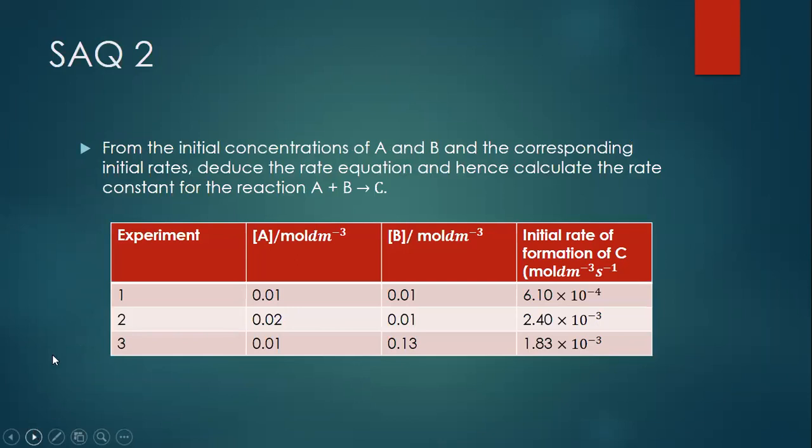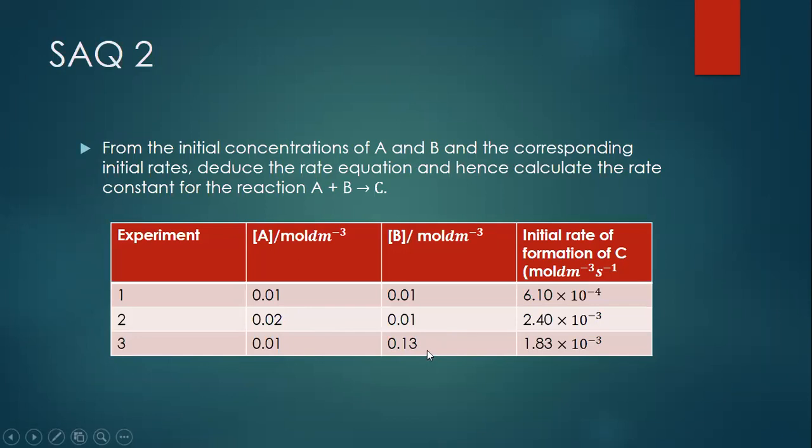Please, don't you think there is a mistake in the value of the concentration of the B for experiment 3? That is a 0.13. Why do you think it is?